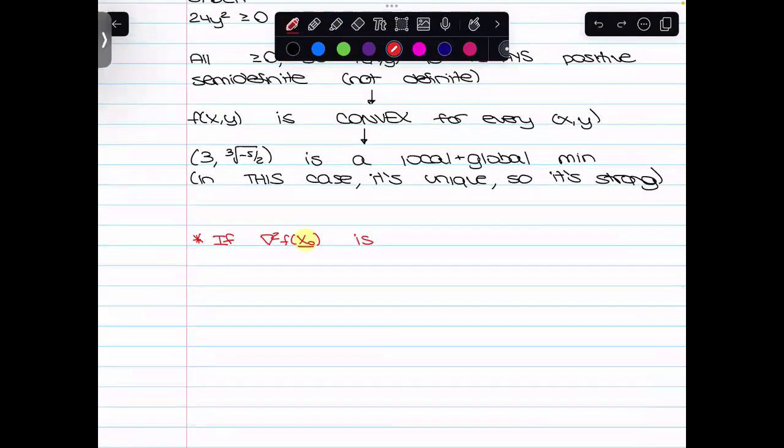So if at a specific point it's positive semi-definite, let's say, and x0 is a stationary point, then we can't conclude anything.